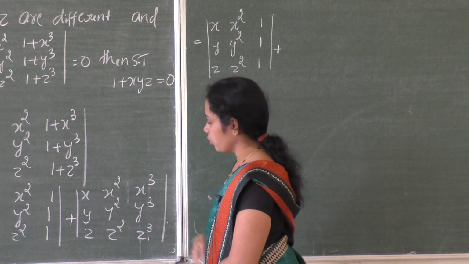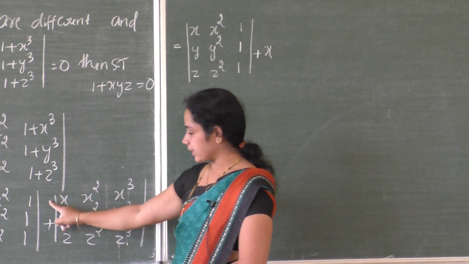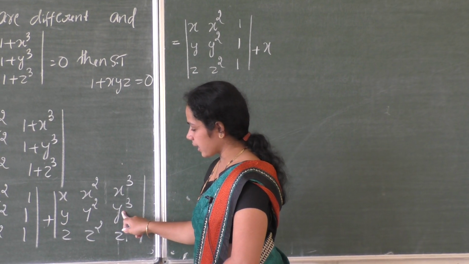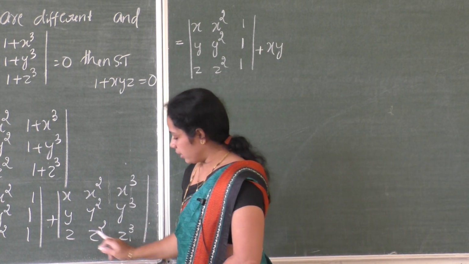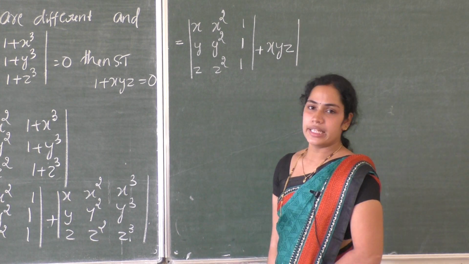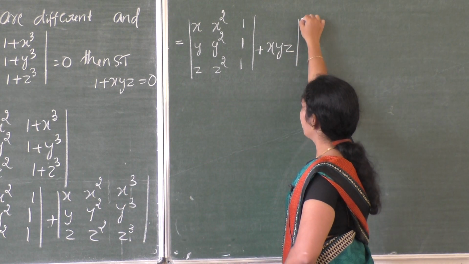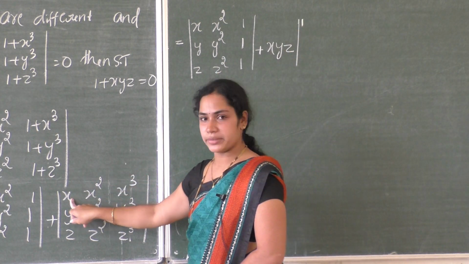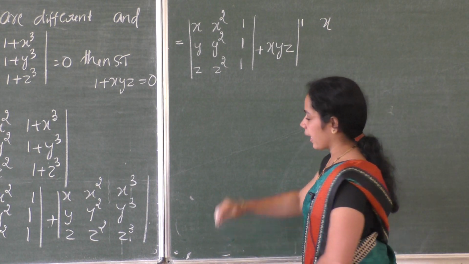From the first row, what is common? x is common, take it outside. What is common in the second row? y is common, and in the third row, z is common. Let us take them outside. Write the remaining. x is outside, so it becomes 1, x, x square.